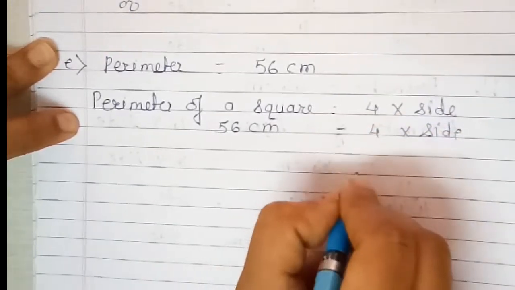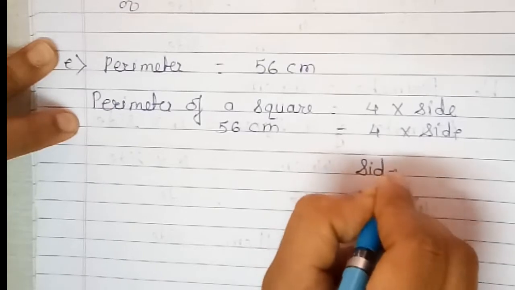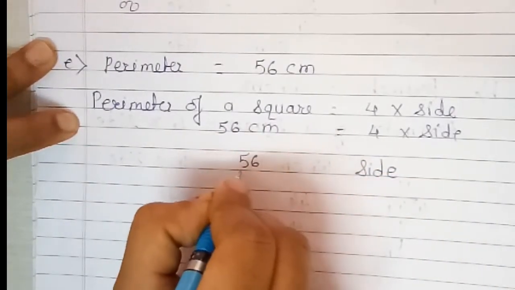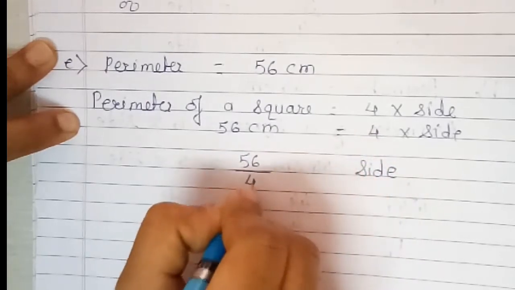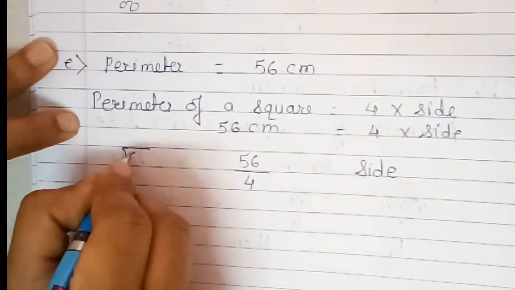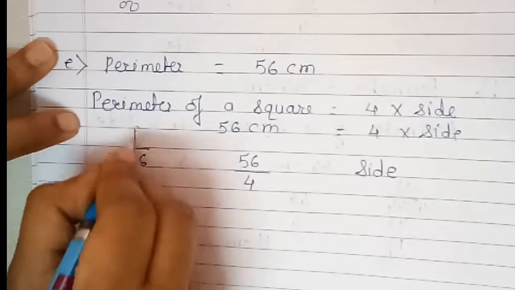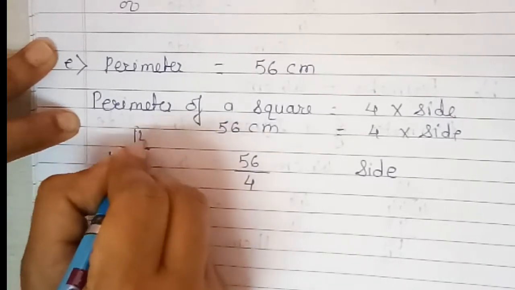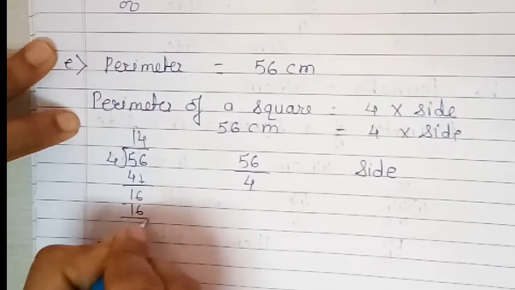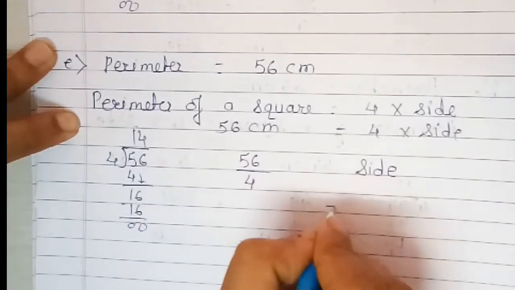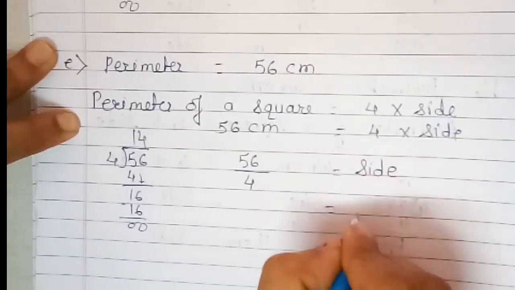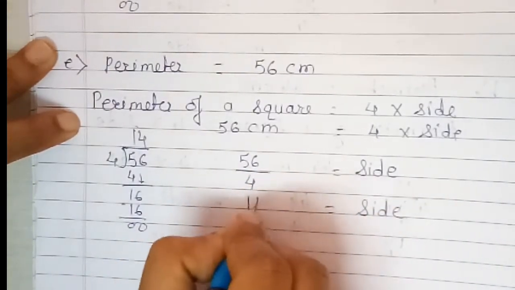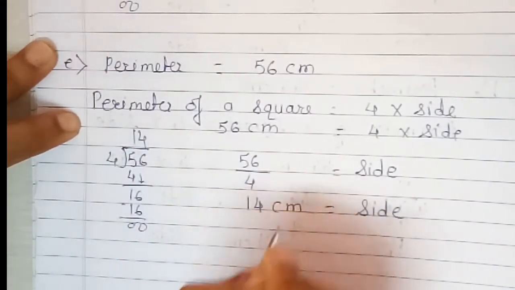Now we'll find the length of the side. For that we have to divide the perimeter by 4. 4 ones are 4, 4 fours are 16. So the length of the side is 14 centimeter.